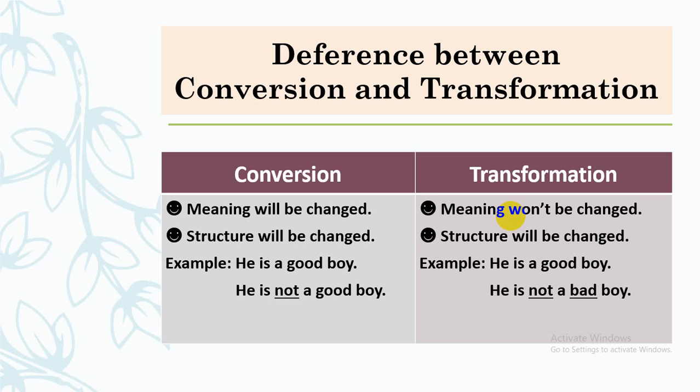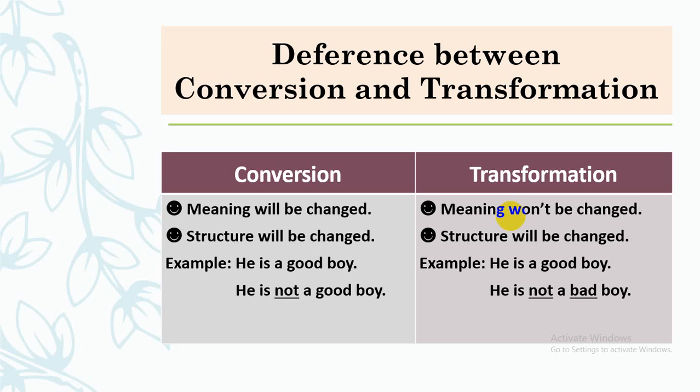We can see the example, he is a good boy. So in Bangla, সে একজন ভালো ছেলে. But when we change it by transforming, the negative is he is not a bad boy. That means সে খারাপ ছেলে না. So the meaning is the same. That means সে ভালো ছেলে.